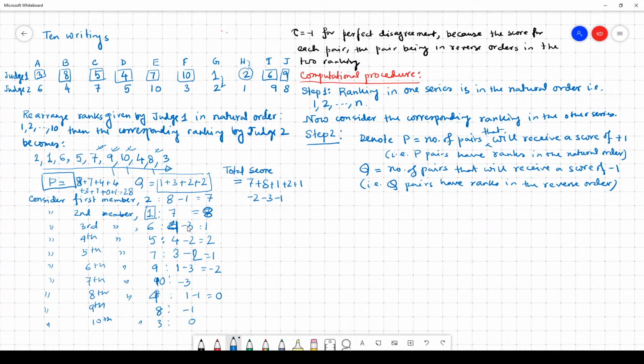For Q, it should be 1 minus 1 plus 3 plus 2 plus 2, then 3, 3 plus 3, 1 plus 1.